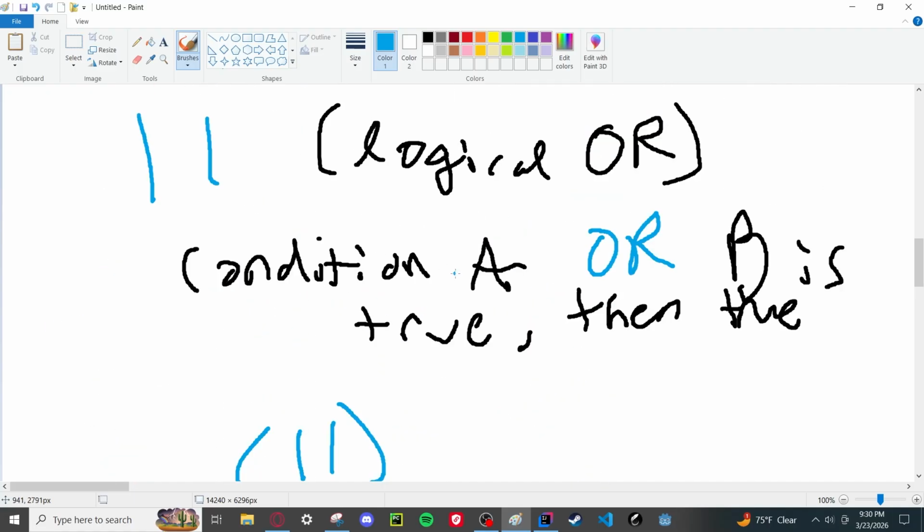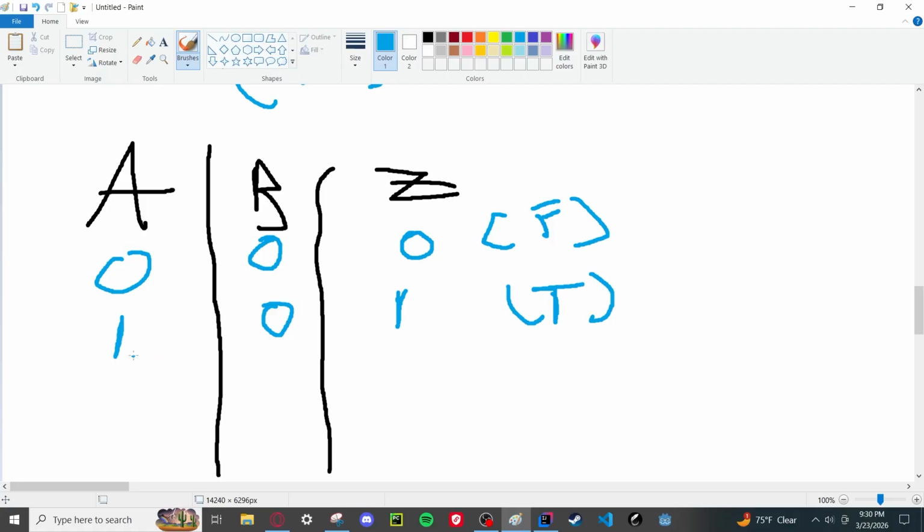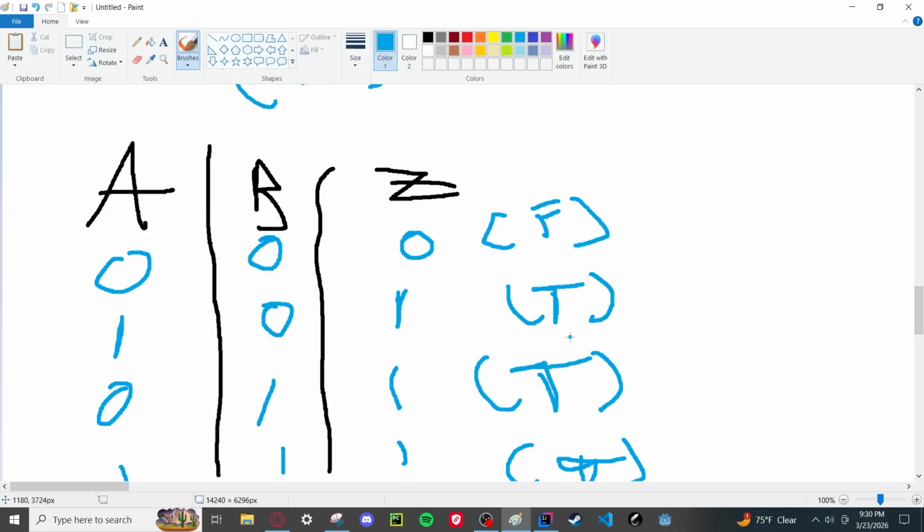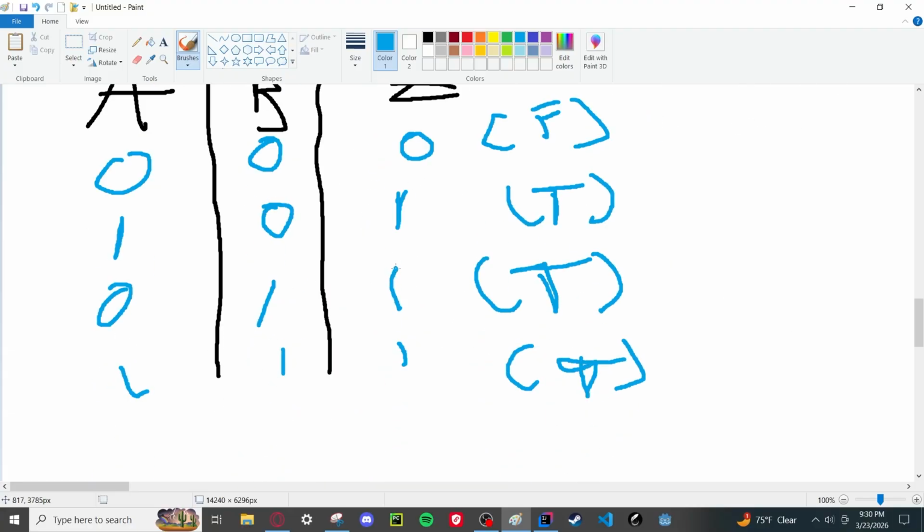Because, look, we said if condition A or condition B is true, then the whole thing is true. And if condition A is true, it doesn't matter that condition B is false. As long as one condition is true, the whole thing is true. So the same principle applies here. And if both things are true, well, that's even better, and that's also true, because at minimum, one has to be true for the whole thing to be true.